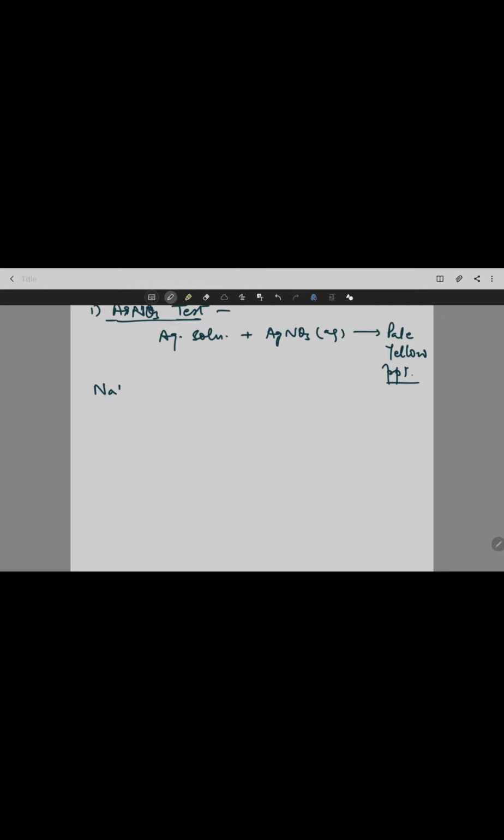That is, NaBr aqueous plus AgNO3 aqueous will give us AgBr plus NaNO3. Now this AgBr will give a pale yellow precipitate. What does it mean? Pale yellow means not pure white, not pure yellow.